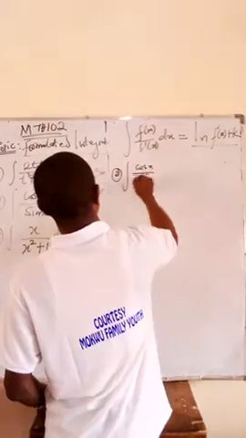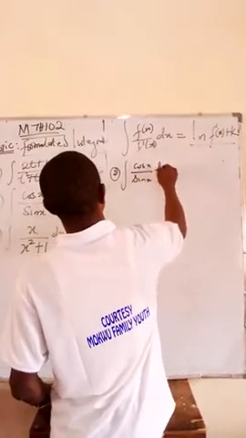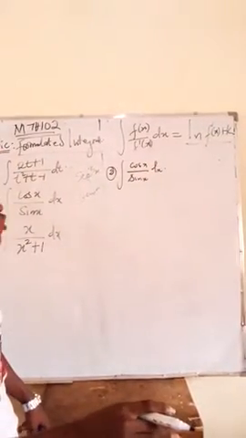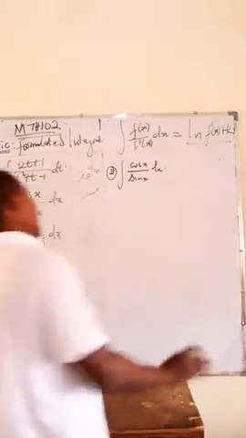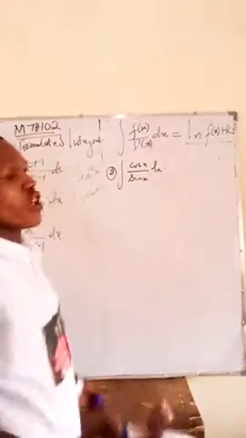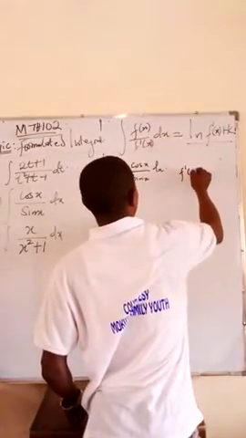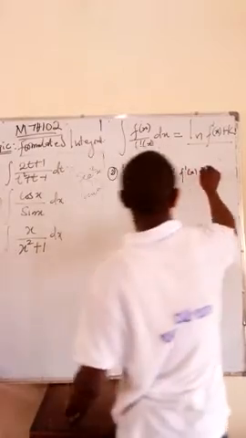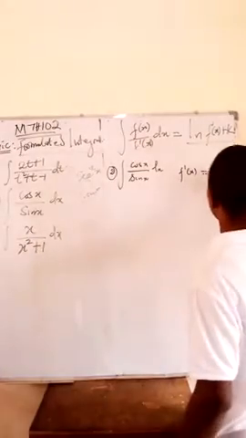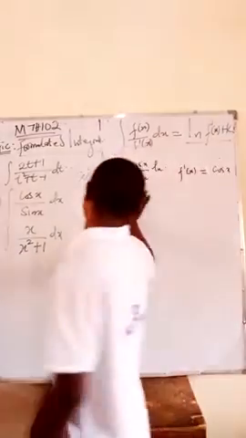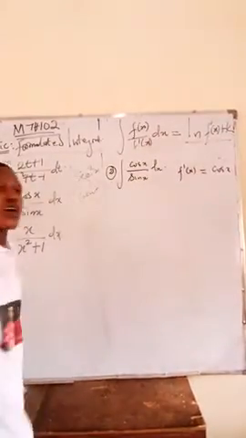Let's go to another one: the integral of cos x over sine x dx. Now, I want to operate on this. How do I make it possible? You can as well use substitution, or you can use this function. Now, what is my f prime of the denominator? When you differentiate sine x, you get cos x.